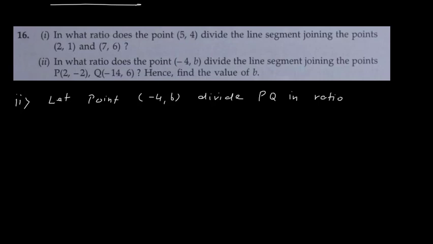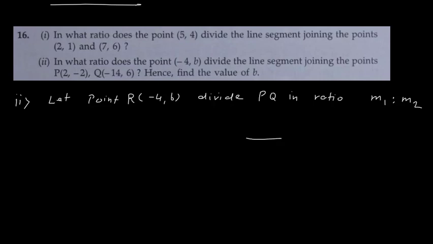Let the point be R. Let R (-4, b) divide PQ in ratio, first I will consider m1:m2.